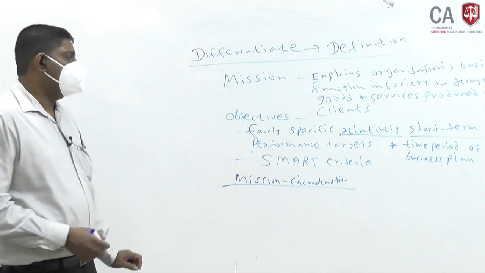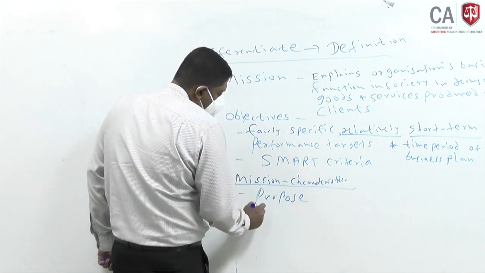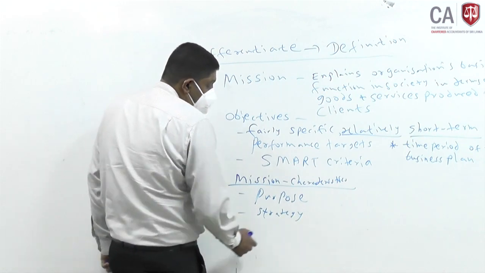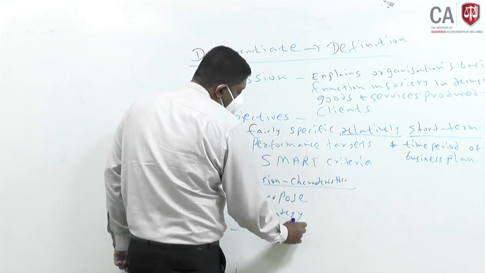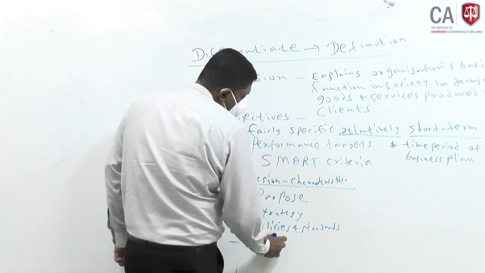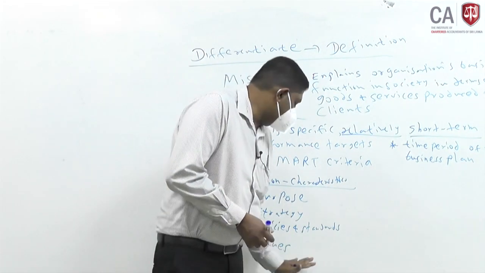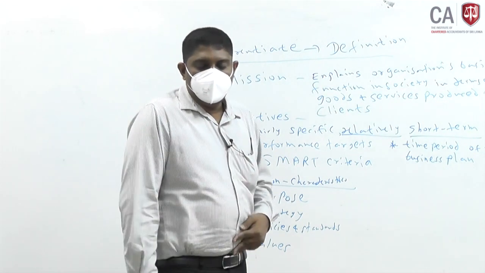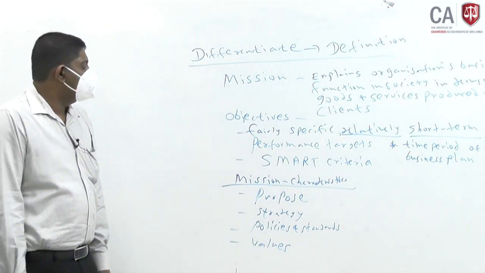For example, a mission normally includes the purpose of the organization, strategy is another part, then policies and standards used by the organization, then the values of the organization. You mention those also as characteristics of the mission statement.